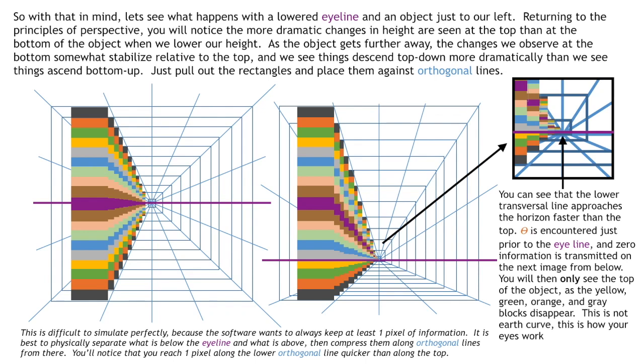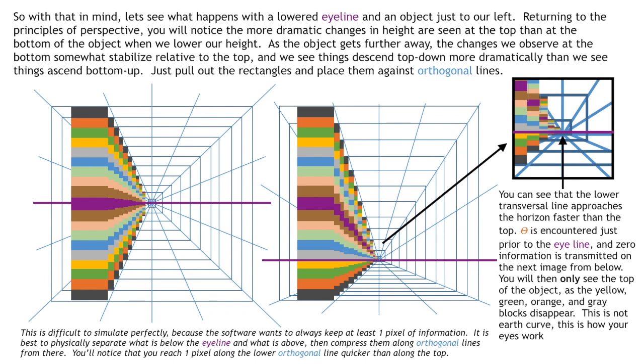So theta is encountered just prior to the eye line, and zero information is transmitted on the next image from below. So essentially it got cut off. You'll then only see the top continue to descend top down. So the yellow, green, orange and gray blocks that were below the purple horizon line to start out with, all those essentially disappeared.